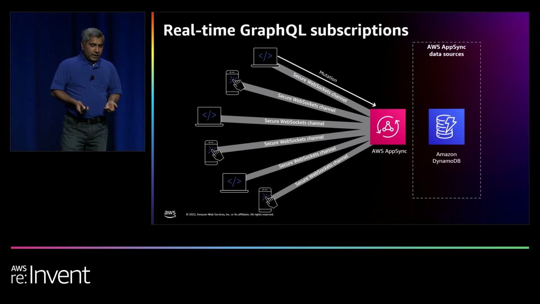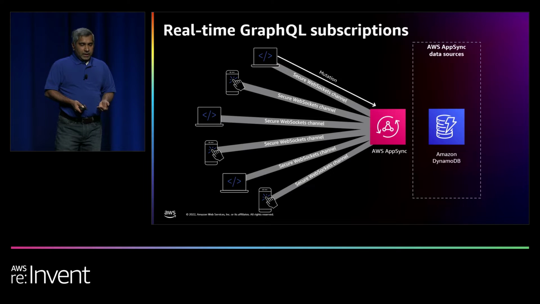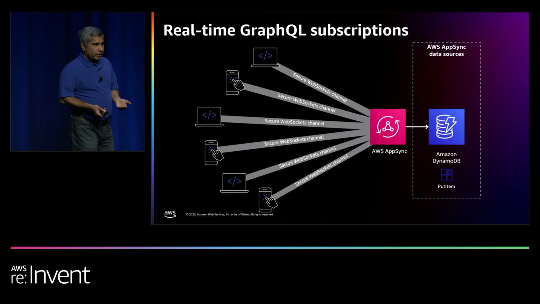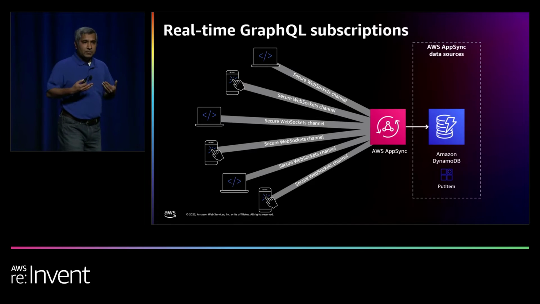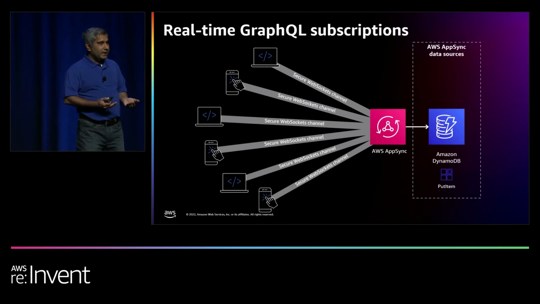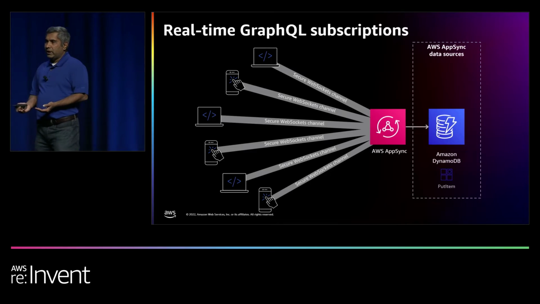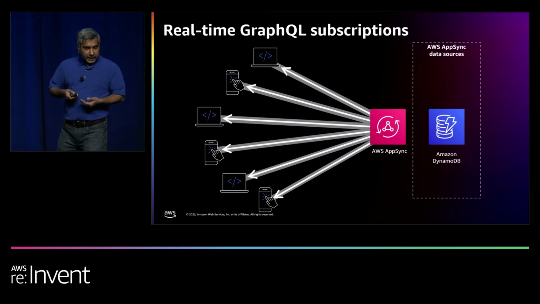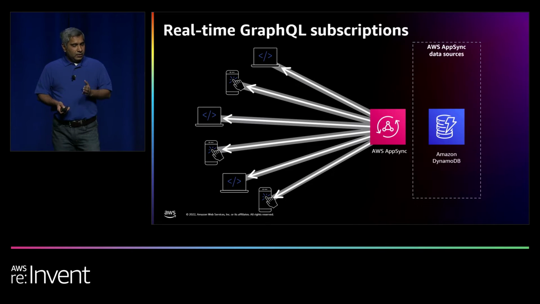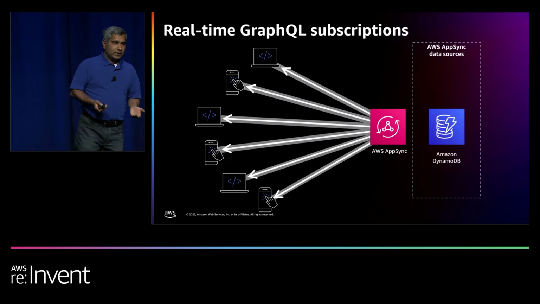So what AWS AppSync does is, it gets that mutation, performs authorization checks, performs any resolver business logic, and then applies that mutation to your data source. In this case, it's a DynamoDB table. Once the data is persisted, AppSync broadcasts that data to connected clients, whoever is interested.